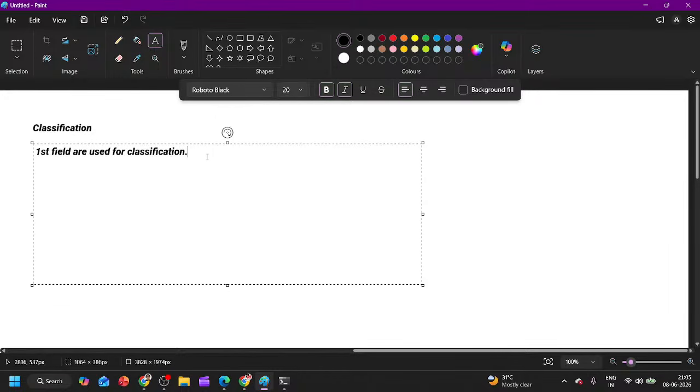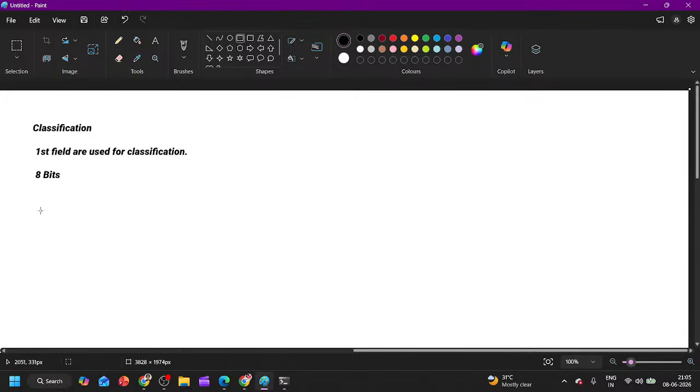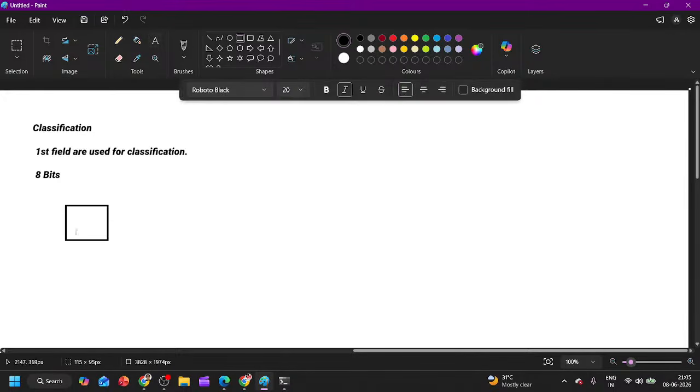In the first octet, how many bits are there? 8 bits. Out of 8 bits, we have reserved 1 bit, the very first bit. The very first bit will always be 0.